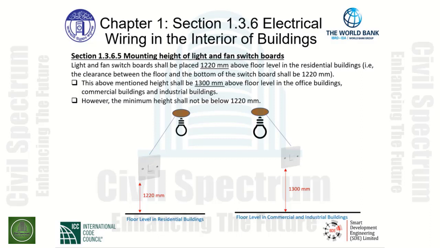The floor level in commercial and industrial buildings is shown on the right-hand side. We can see that the elevation measured from the finished floor level in these buildings to the bottom of the switchboard shall be 1,300 millimeters above the floor level for these particular buildings.